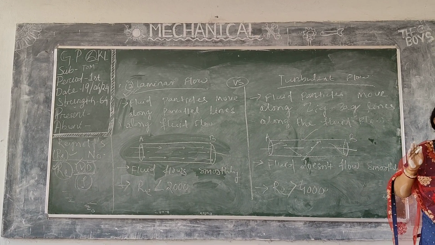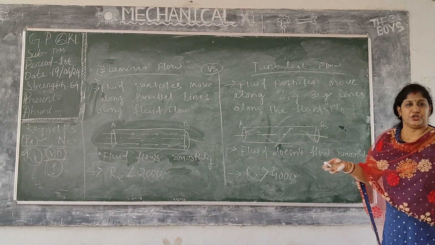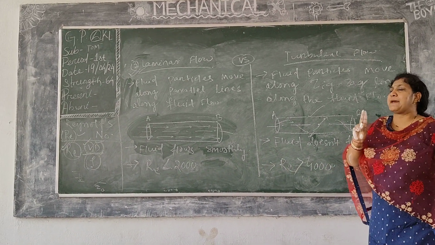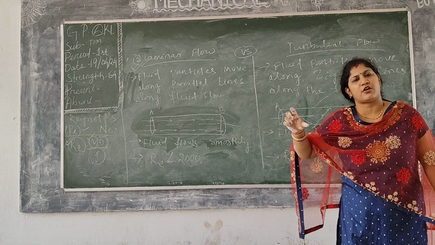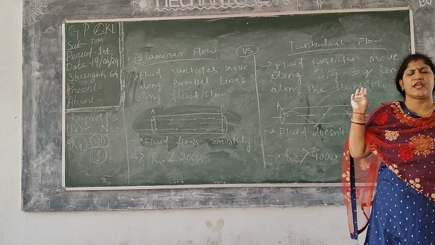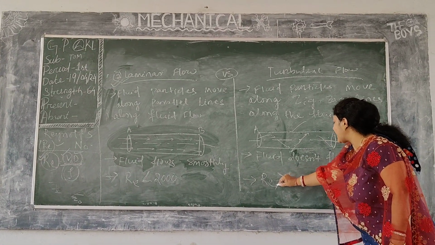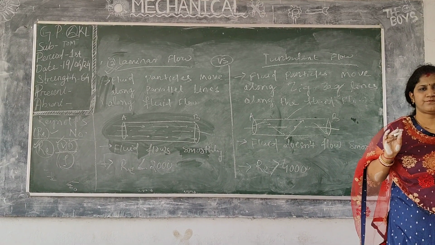The chances of bursting of the pipe increase due to turbulent flow. So, if a pipe in which fluid of any density is flowing, and if the Reynolds number we have calculated is more than 4000, means the pipe is in danger.